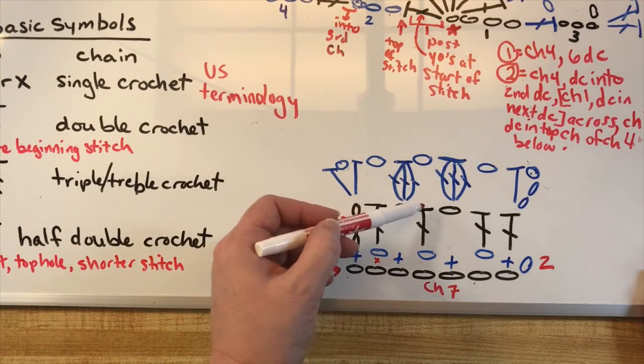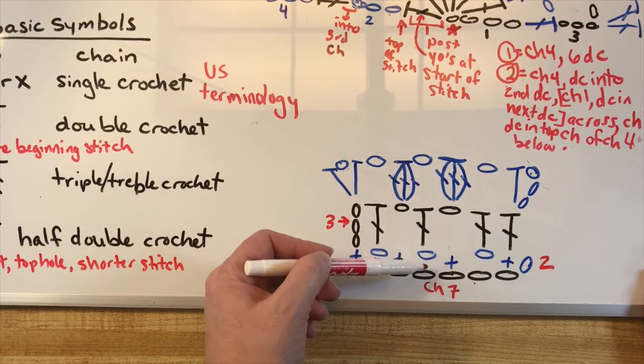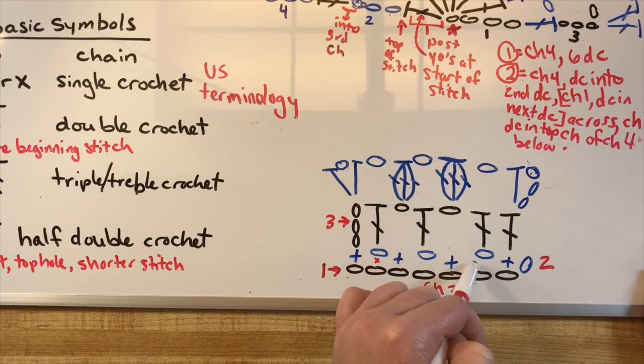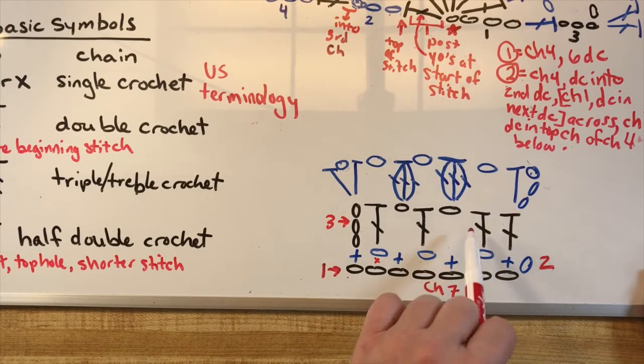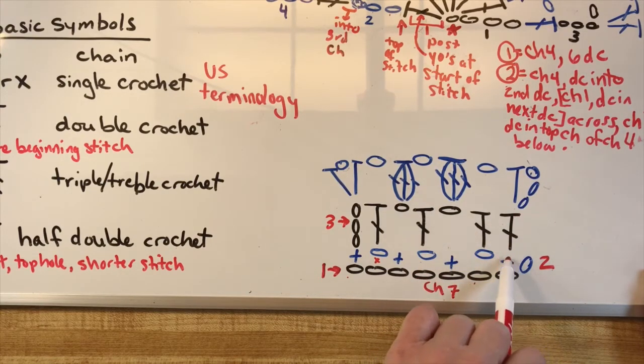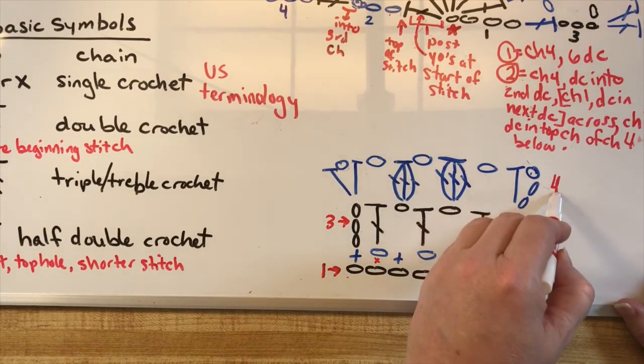Chain 1, double crochet into the next chain 1 space, chain 1, double crochet into the chain 1 space. This last one, see how these two are so close together? One is going into the chain 1 space and one is going into the actual single crochet itself because it's right over it.